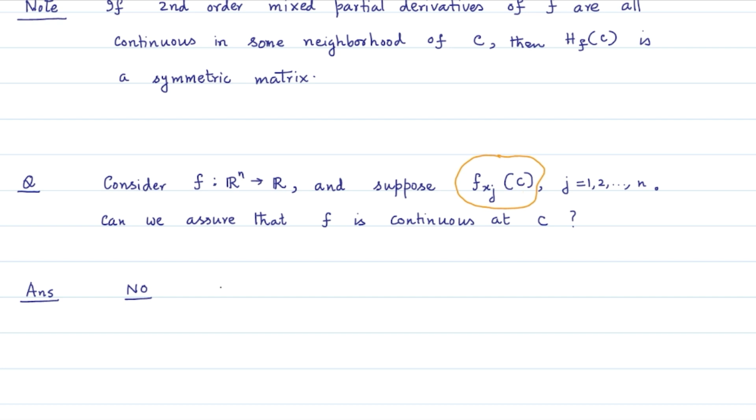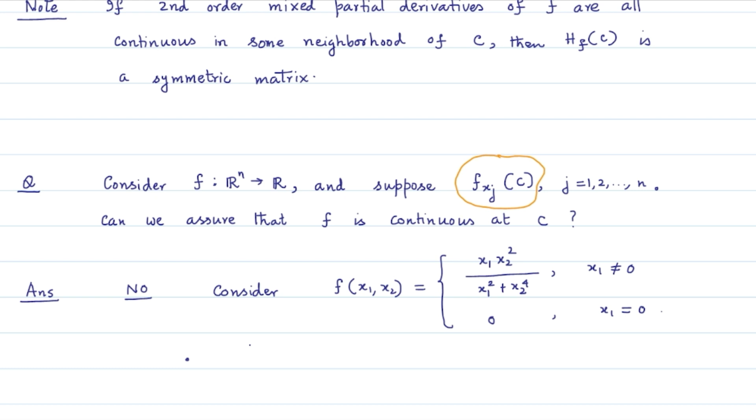For example, we consider the function f of two variables whose expression is given by x1 x2 square divided by x1 square plus x2 to the power 4, when x1 is not equal to 0, and it is equal to 0 when x1 is equal to 0, and take up the point C as the origin of the R2 plane.